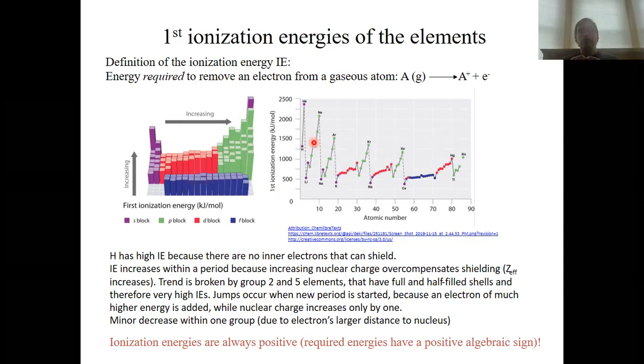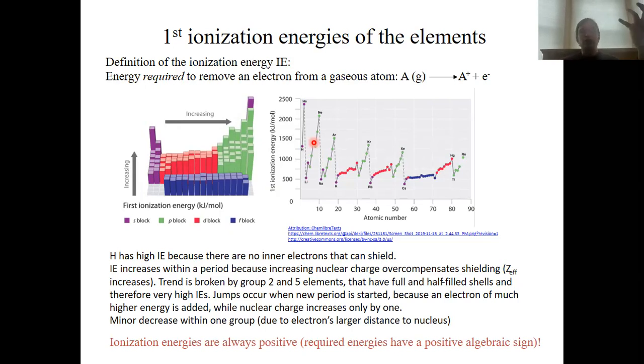Okay, because shielding effects are not particularly strong. So therefore the effect from the additional proton is larger than the effect from the additional electron. As a consequence of that, the effective nuclear charge increases. Okay, so now that increases the binding energy for the electrons to the nucleus.